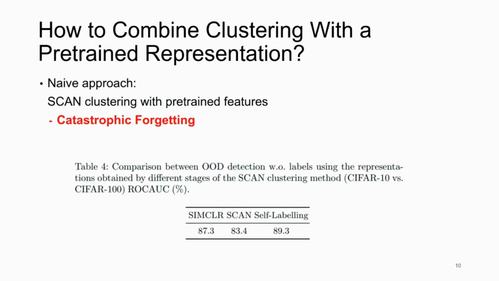We can see that later during the self-labeling stage, the features regain some expressivity with respect to the anomaly detection task, but we want to do better. We want to avoid this catastrophic collapse phenomenon.